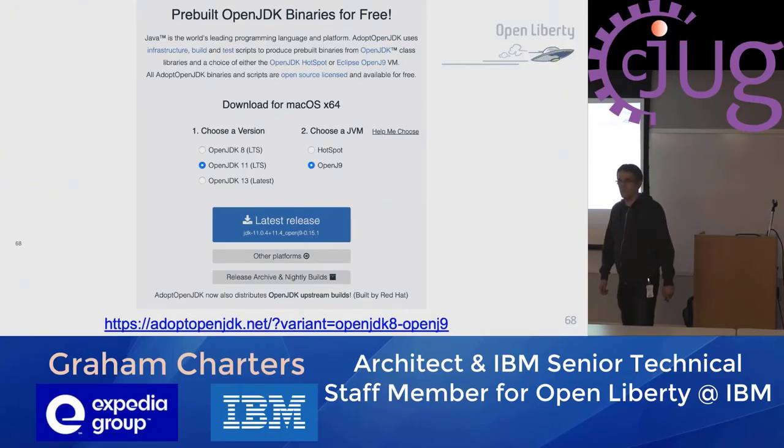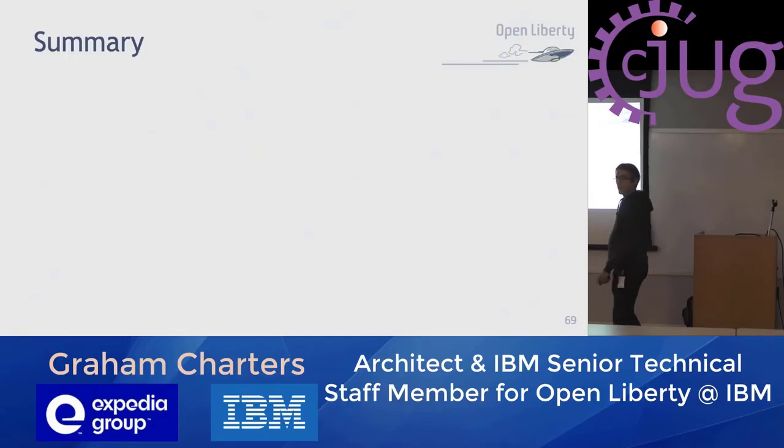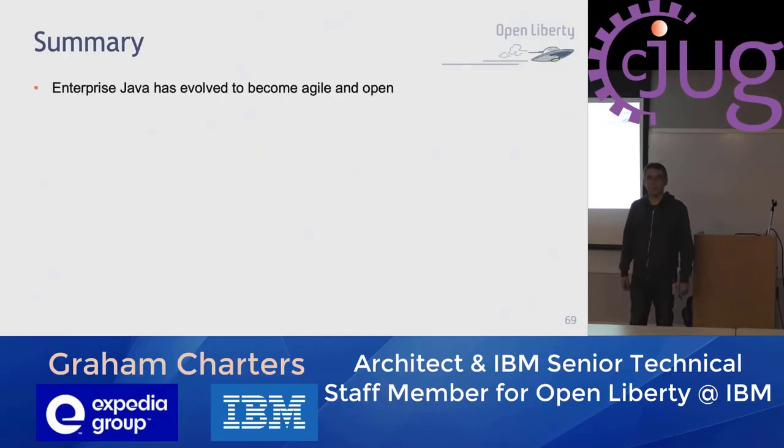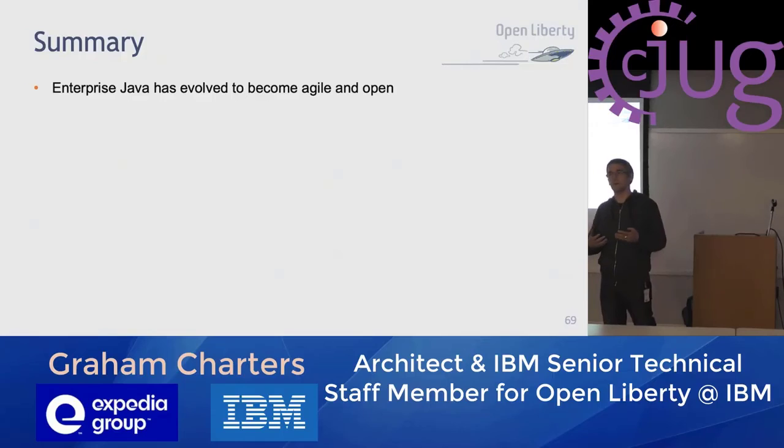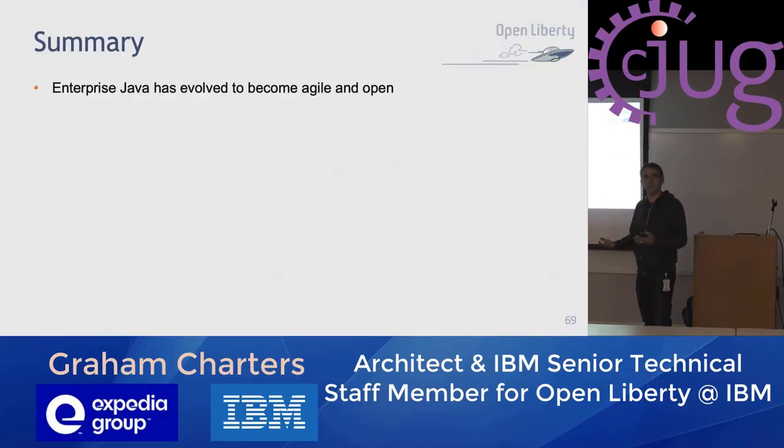All right, so to summarize, we've seen that enterprise Java has evolved to become more agile and more open. The specification processes are more open, the runtimes are open source, and they're also agile. The delivery of the technologies, the open source implementations, is much more agile.